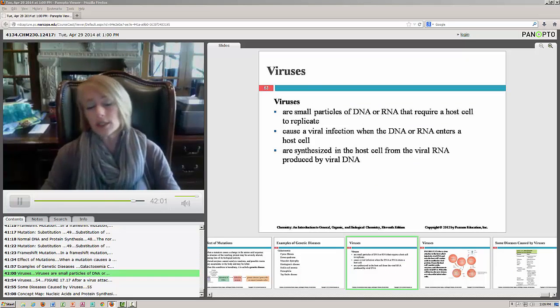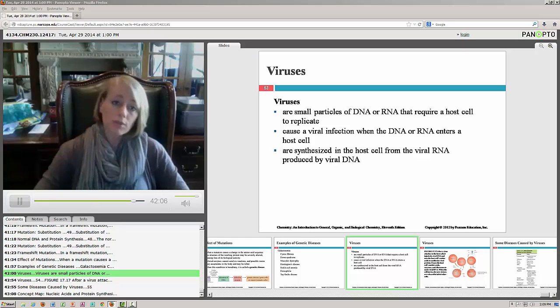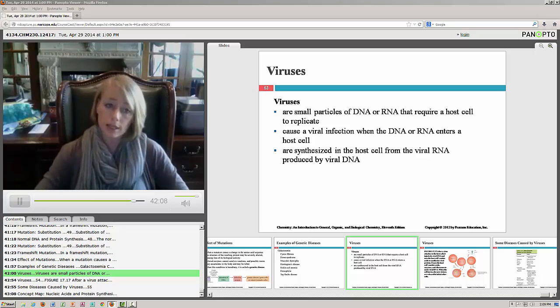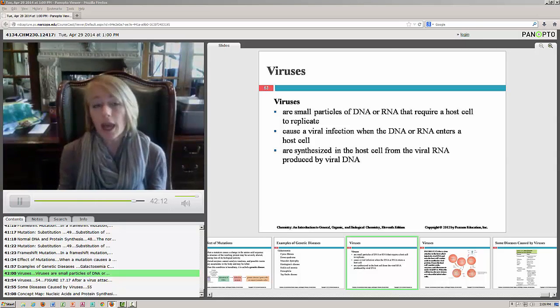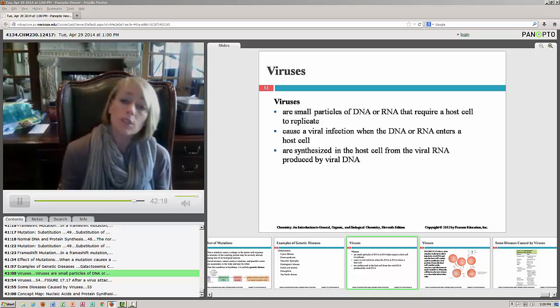We also need to discuss very quickly viruses. Viruses are mentioned in this chapter because they are composed of nucleic acids. Viruses are basically nucleic acids encapsulated by a protein coat, and they are not really considered alive because they cannot regenerate themselves.